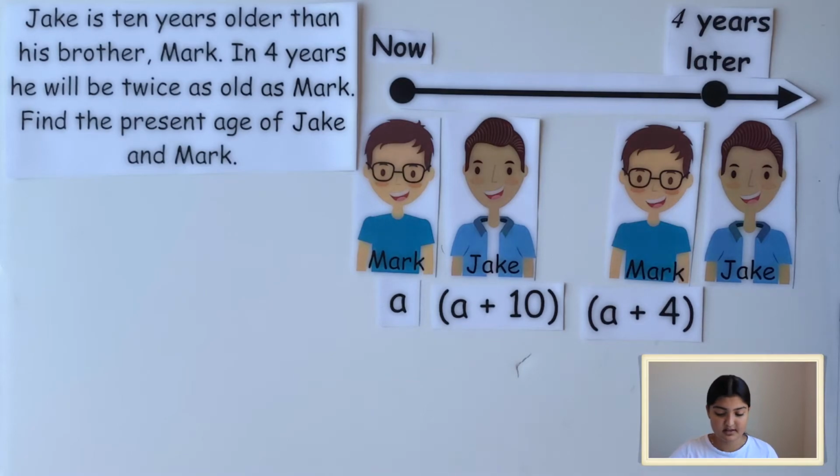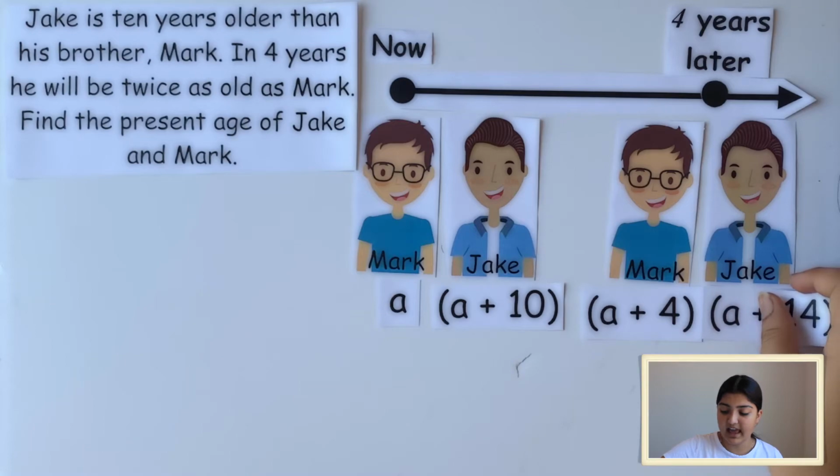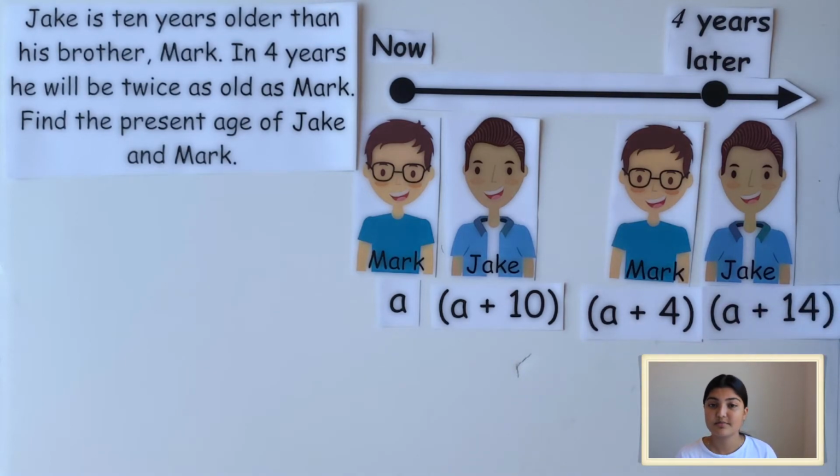So, Jake's age in 4 years will be A plus 14. Now, let's look back at the question. It tells us that in 4 years, Jake will be twice as old as Mark. And we want to find the value of A.